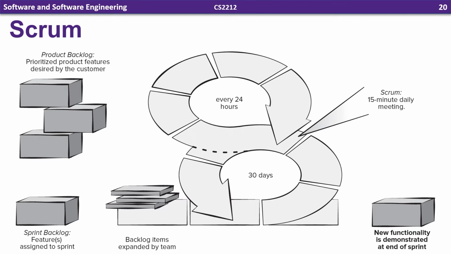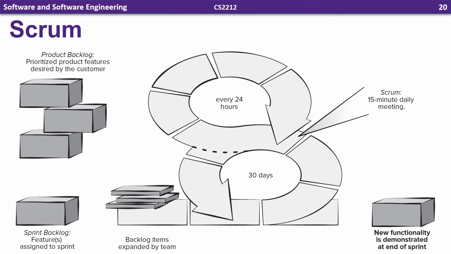And this is a visualization of Scrum. On the left here, you see we have the product backlog that's prioritized by the customer for the product owner. Then we take certain items from that product backlog and put them into the sprint backlog. Once we start a sprint, the team starts working on those features. And every 24 hours, every day, there's a 15-minute daily Scrum meeting.